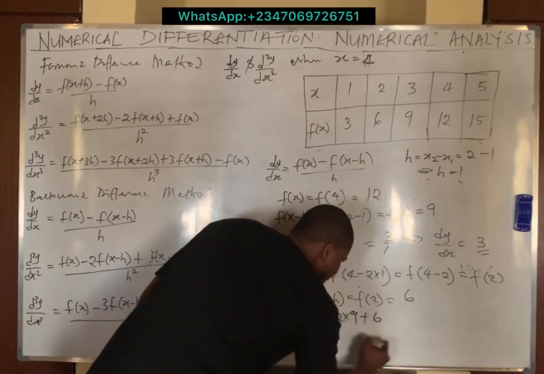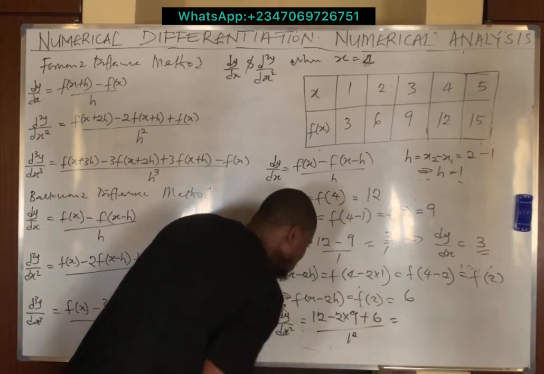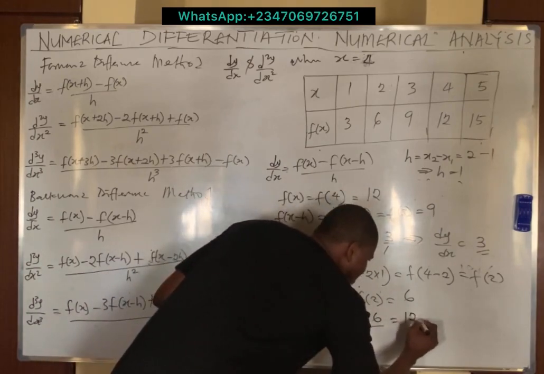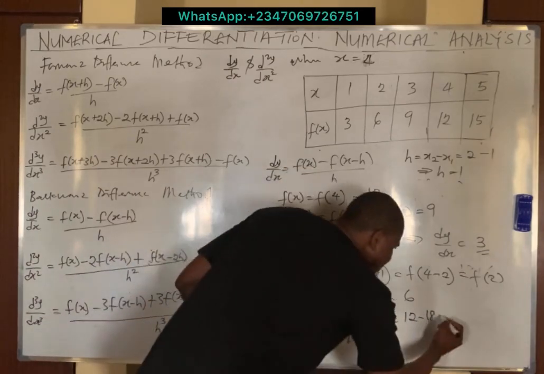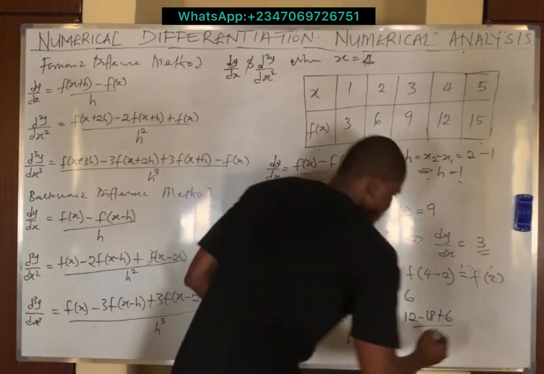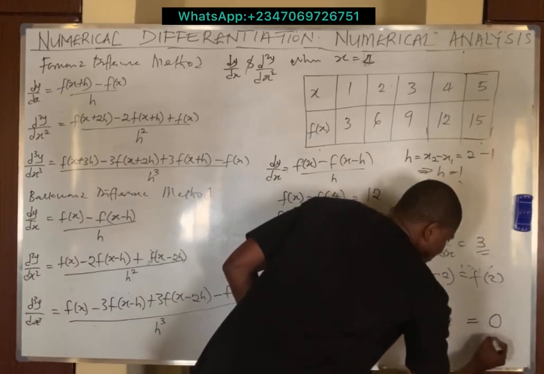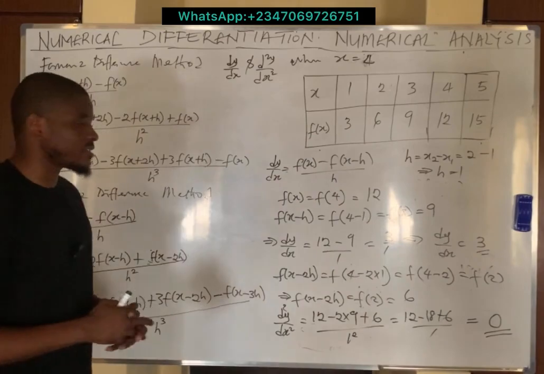So plus 6, all over h squared, which is 1 squared. So this is equal to 12 minus 18, plus 6, all over 1. And this also gives us 0. So for the backward difference, when x is equal to 4, the second derivative is simply 0.